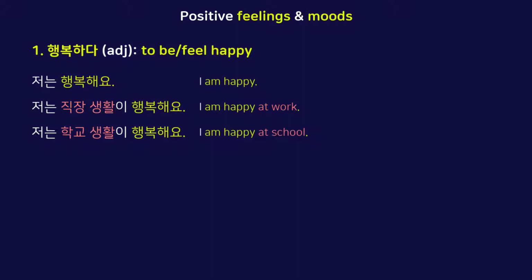And to say I am happy being married or I'm happy with my marriage, I can say 저는 결혼 생활이 행복해요. So noun plus 생활 can be used to refer to someone's life in a job or someone's life at a particular place.